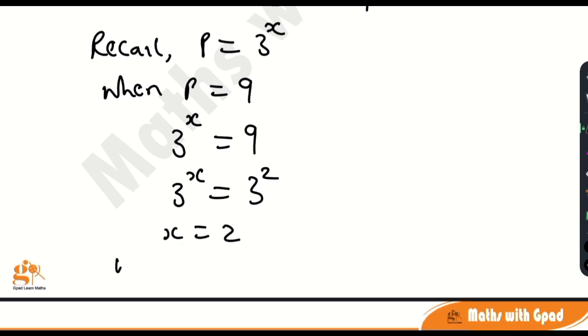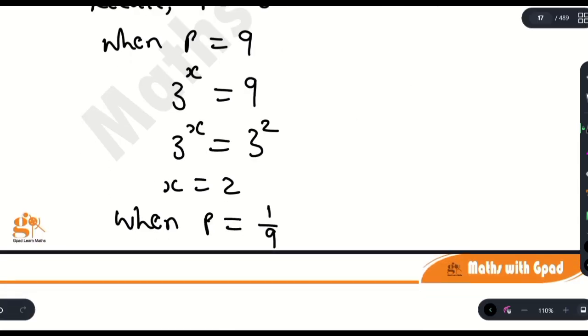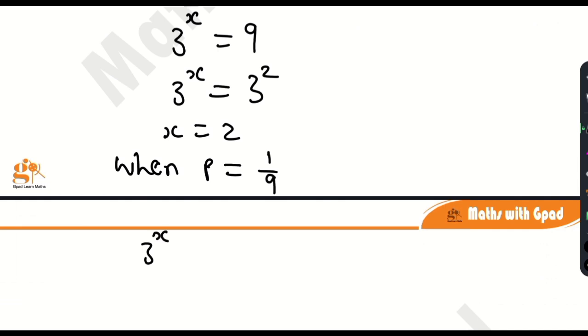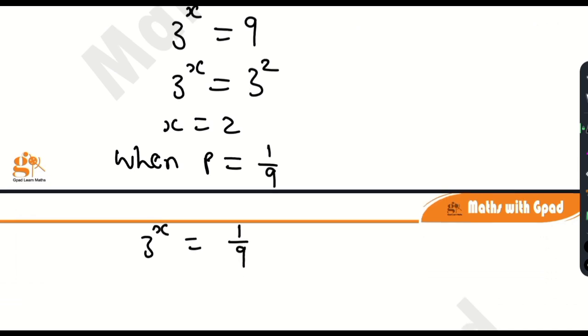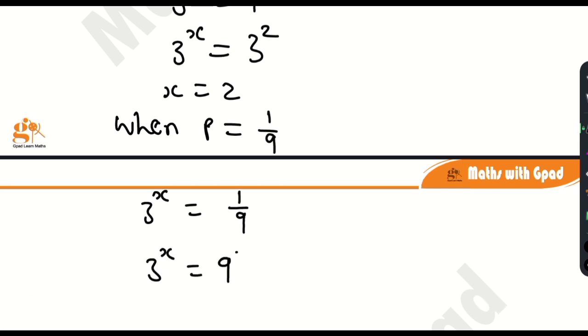So when p is equal to, what's the second value of p? 1 over 9. Again, we still have that 3 raised to the power x is equal to what? 1 over 9. Now 1 over 9 can be expressed as 9 raised to the power of negative 1, from one of the laws of indices.